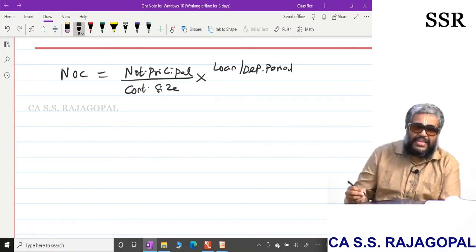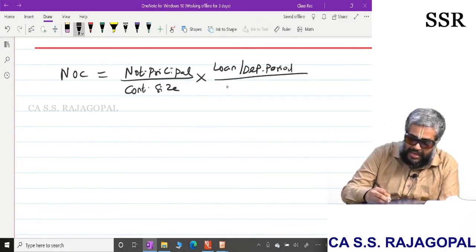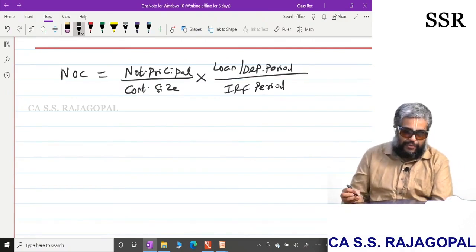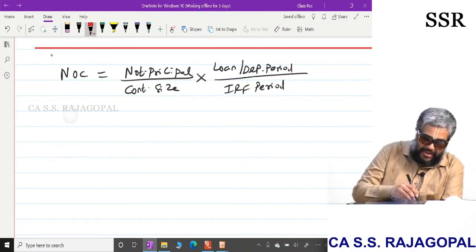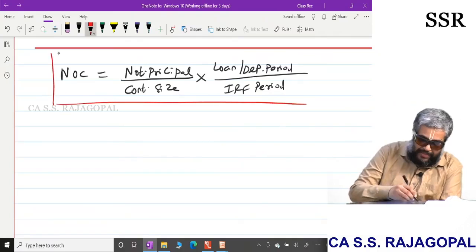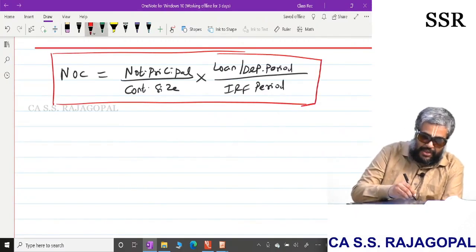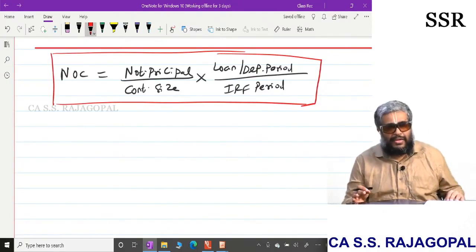In this sum it is loan, some it may be deposit. Loan or deposit period divided by IRF period, divided by interest rate futures period. Everybody are you understanding? This is how one should be tackling the maturity mismatch. Okay, now already we have calculated, no need to calculate once again.